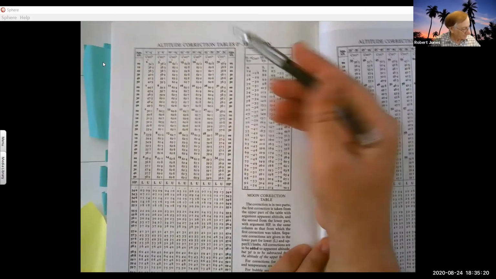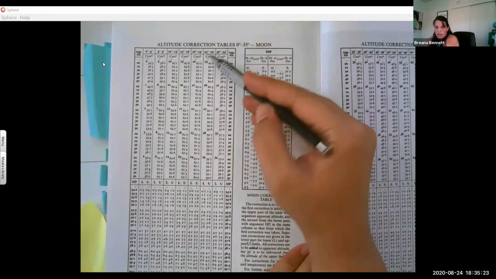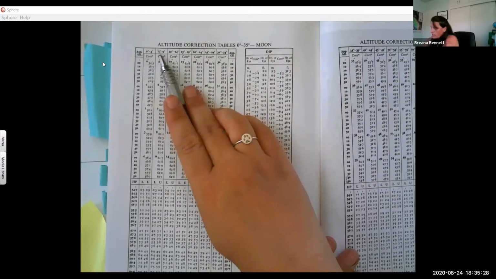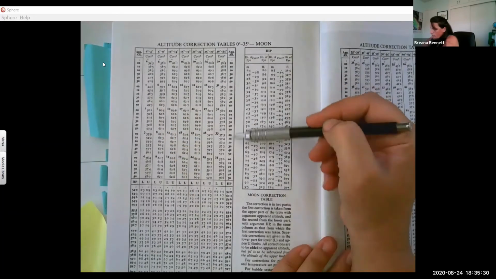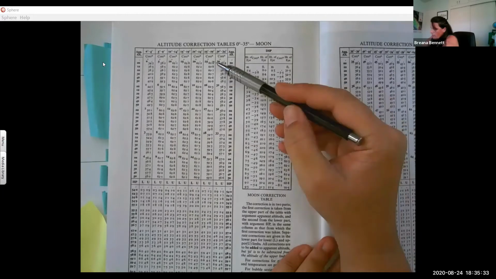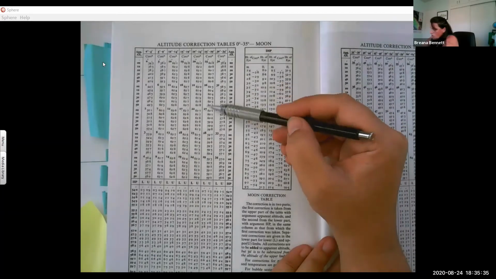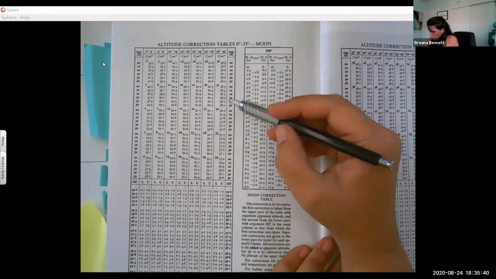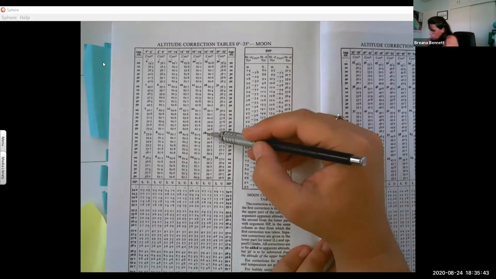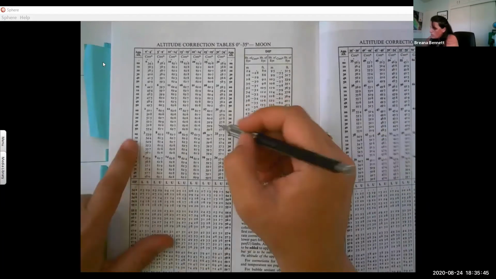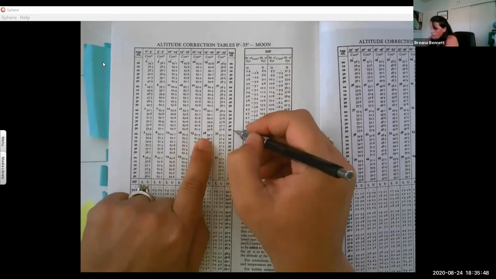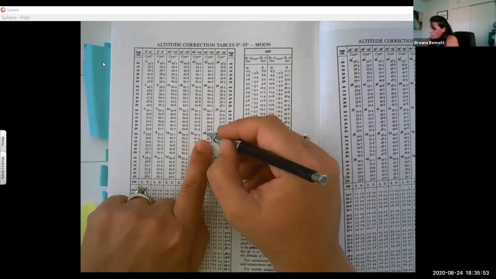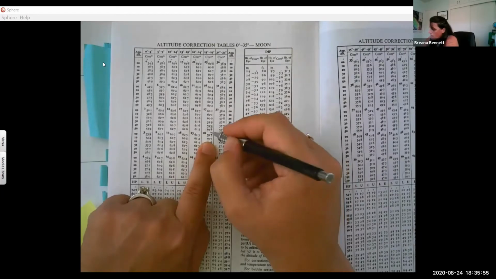So I'm going to go to my 28. At the top of this table, we have our apparent altitude in degrees, and then the minutes are down here. So we have 27 59 something. So 27 50 would be this correction. And then 28.0 would be this correction.